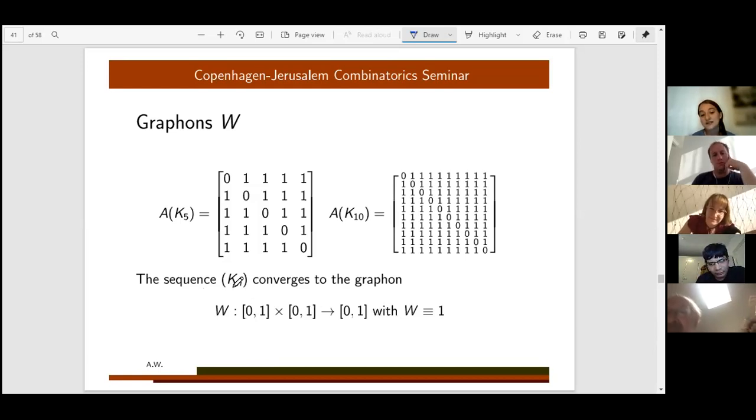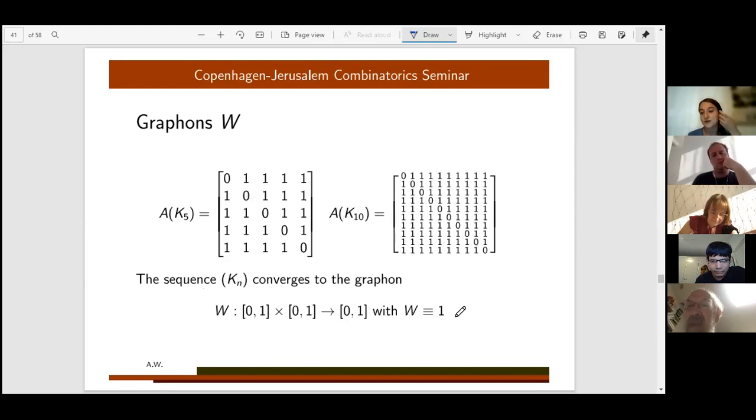And for the complete graph, the limit would be just the all-1s map from the square. So this was quite an easy example, but more complicated graphs have more complicated graphons, and it's more difficult to actually describe them. And why are these graphons interesting, or why are they useful?